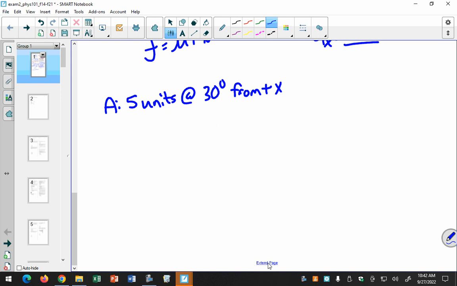And B is 4 units at 60 degrees above the negative x, and I ask you to find the sum of those. Something like that. Y'all want to do this one?